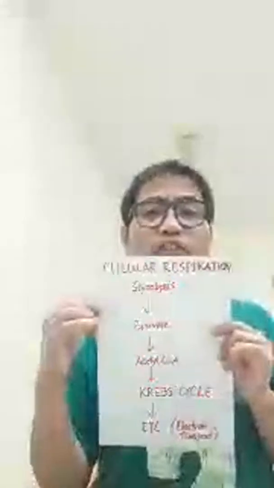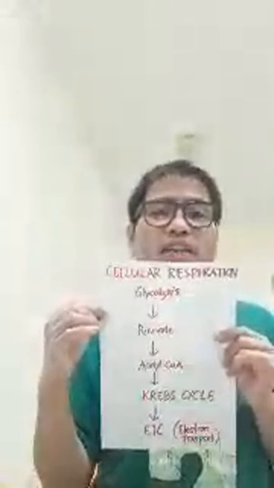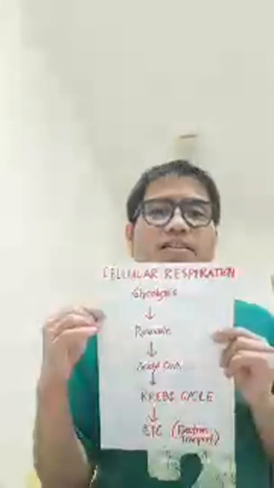Respiration means the respiratory system, and the main organ responsible is the lungs. Respiration means the process of breathing through inhalation and exhalation. We inhale oxygen, we exhale carbon dioxide.